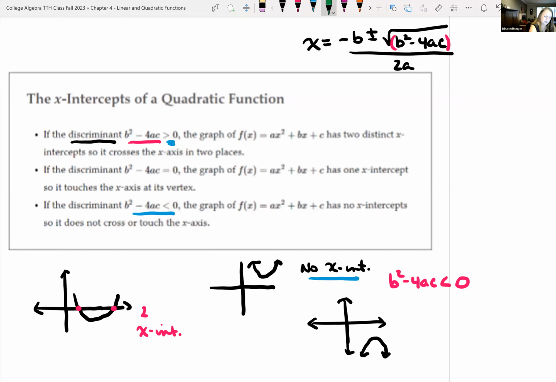And if it's equal to 0, well, negative b plus or minus 0 still gives me negative b. And so there is 1 x-intercept. And that's going to be that our vertex actually is going to be touching the x-axis somewhere.